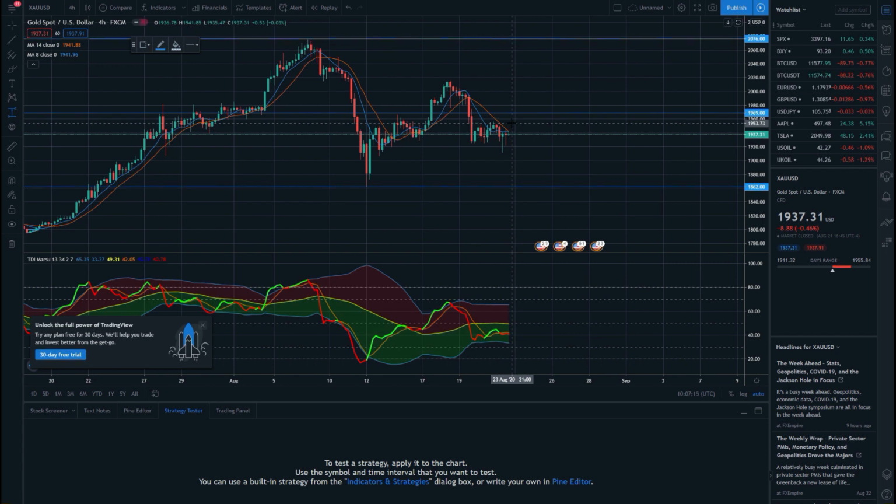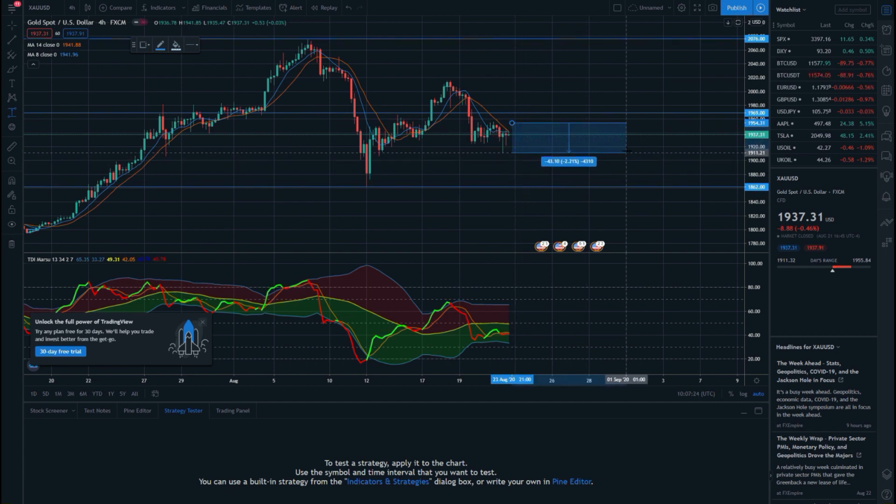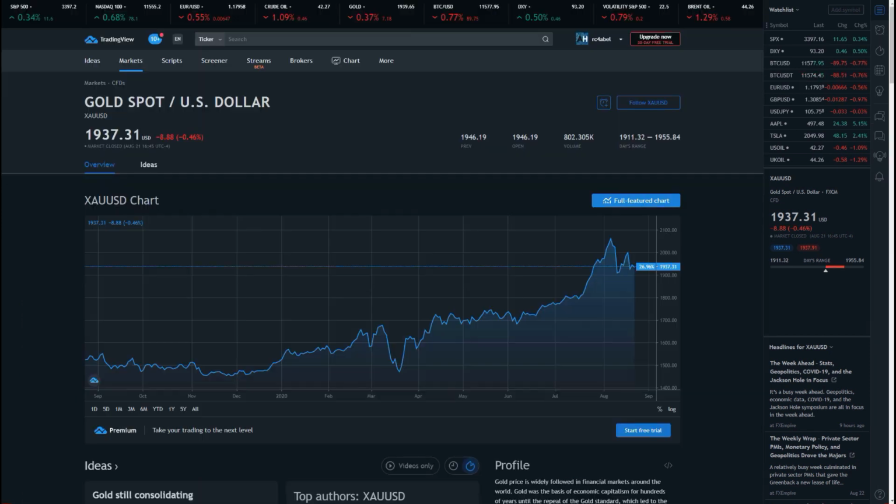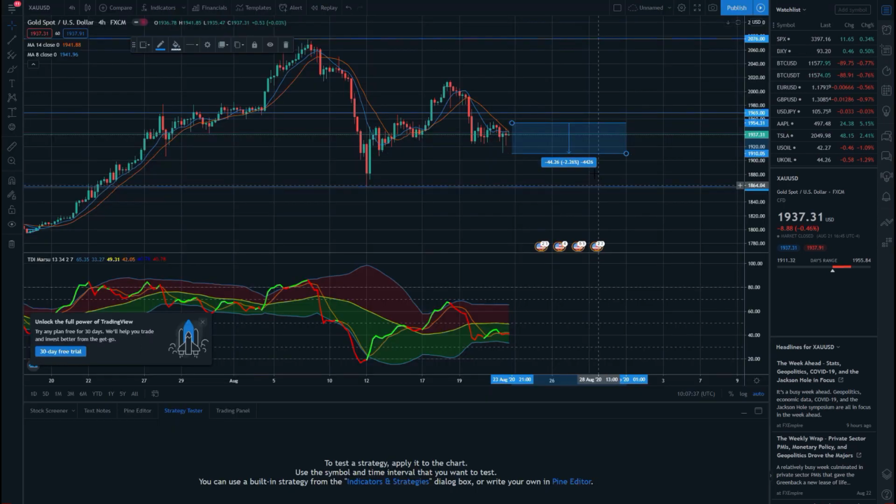You do not need to follow exactly, you can draw out of the chart. It's okay, because what we are trying to do is mark where the range is. So there's the highest and there's the lowest, and if you look at the figures here, 1911.32 to 1955.84. Where is it? 1911.32 should be around here.